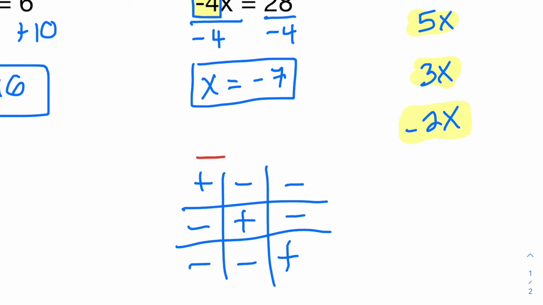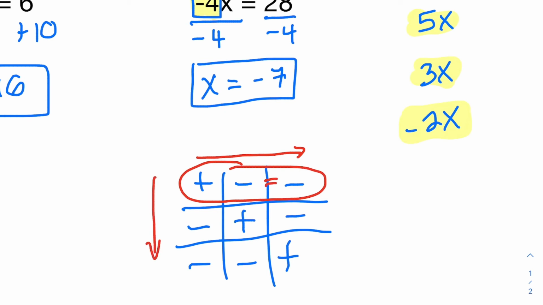And if you were to go in this direction, a positive times a negative would give you a negative result. And it works for any direction that you go all the way around the board. If you went down this way, again, you'd have a positive times a negative, or divided by a negative, either way, would give you a negative result.